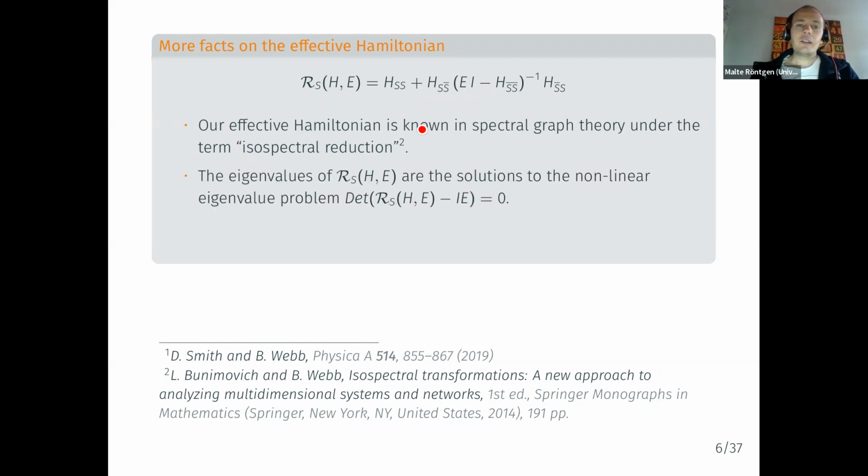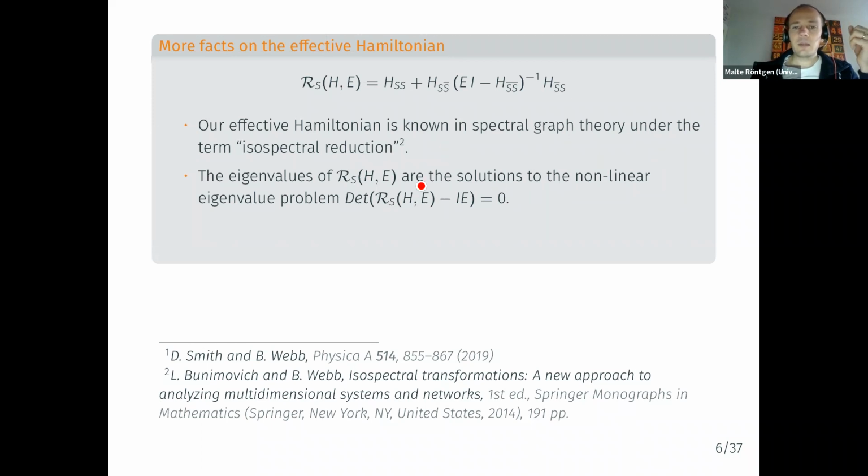If you say for a moment that this E here is a completely free parameter and not just constrained to be the specific eigenvalues which we had before, then you can define the eigenvalues of this effective Hamiltonian through this expression. This is nothing else but the normal definition for eigenvalues of a matrix, though now we have replaced the normal matrix with scalar entries by this effective Hamiltonian, which has entries which are themselves dependent on this parameter E. So it's a nonlinear eigenvalue problem.